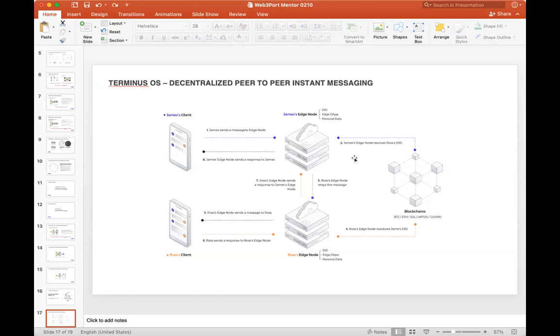Afterwards, James's node can send to Ross's node, which sends to Ross's client, and vice versa.